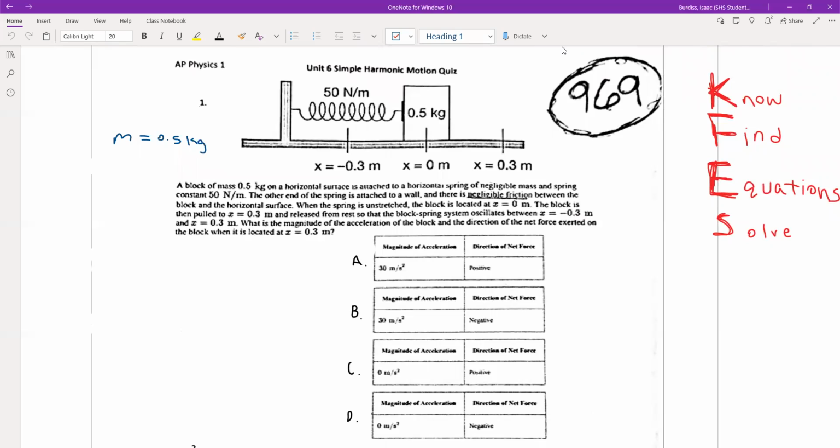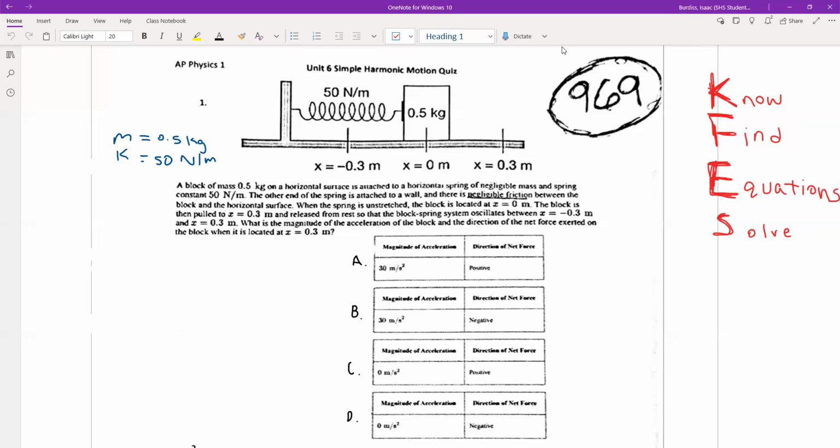That's the K. And it's saying that it's on a horizontal surface, and it's attached to a horizontal spring with no mass, with a spring constant of 50 Newton meters, or Newtons per meter. So the k equals 50 newtons per meter. That's what we write next, because we just figured that out.